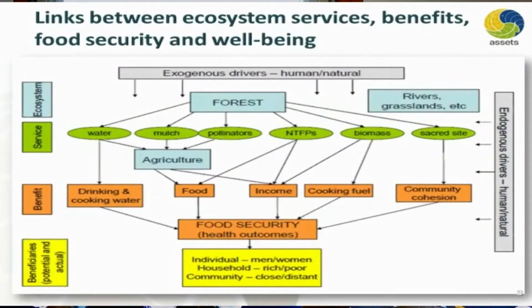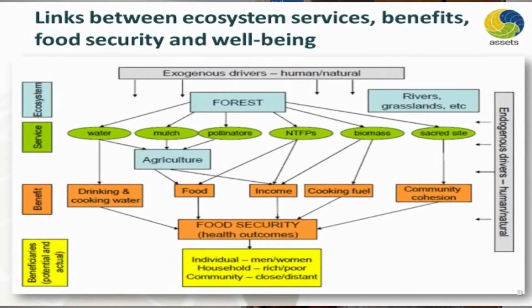And this diagram tries to show some of the complexity just in a very summarized form. So various different ecosystems. We're looking particularly at the forest, as I said, producing all sorts of different types of services, some of which are a direct contribution to food.